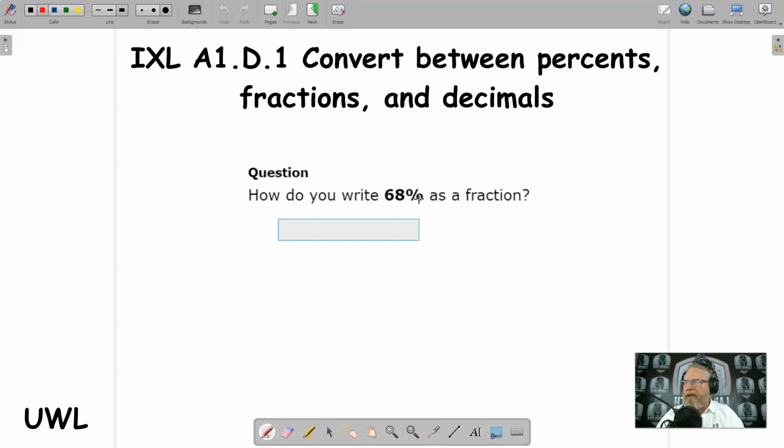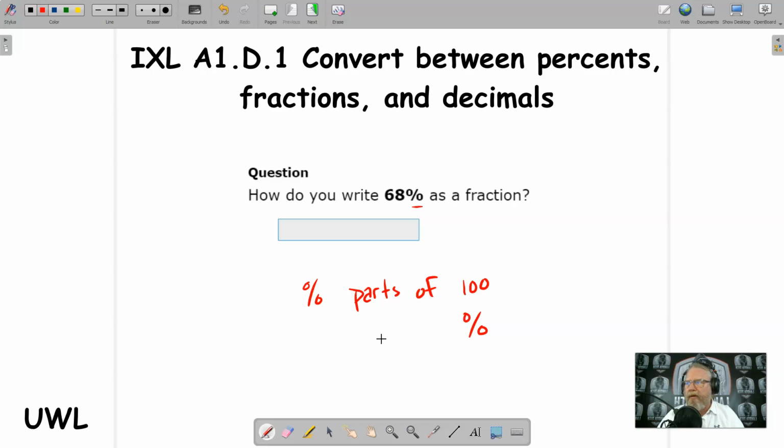Well, 68%, the percent sign here, whenever we see a percent sign, this actually means parts of 100. That's what a percent sign means. You actually take the 1 from the 100, slant it a little bit, and stick 2 zeros there.